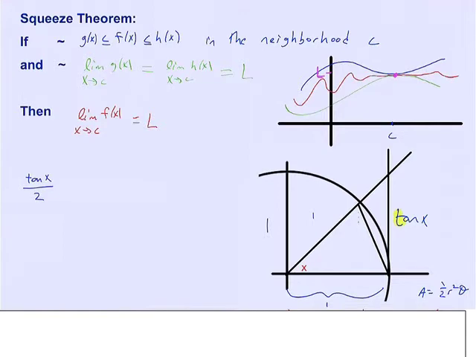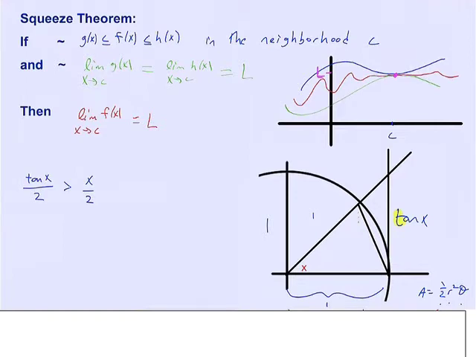So that was a shape a little bit smaller than the triangle whose area was tangent of x over 2. So tangent of x over 2 must be bigger than, sorry, not theta, x over 2. Remember that x over 2 is 1/2 times 1 squared times x, because x is the central angle.